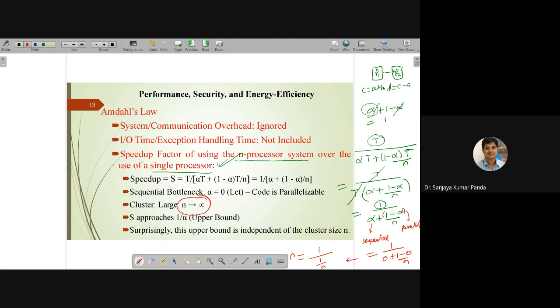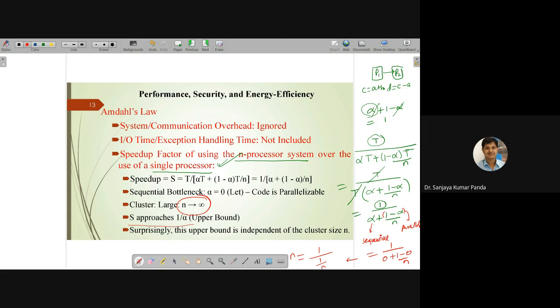Like here you can see this alpha value. If the entire code is parallel, you will get 1 by n. If you look into this calculation, what it says is that S approaches 1 by alpha.